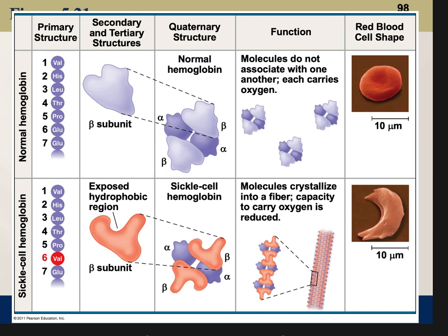And this is why it's a genetic characteristic that we need to test for, because when we look at the primary structure, we can see at number 6 that the GLU was substituted for VAL. And what that's going to do is expose a different region of the beta subunit of hemoglobin that will allow this molecule to shape differently into this half moon shape or the sickle cell shape.